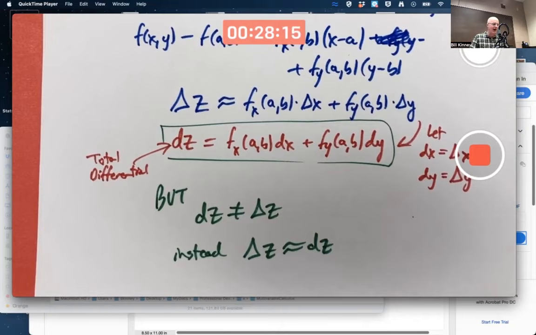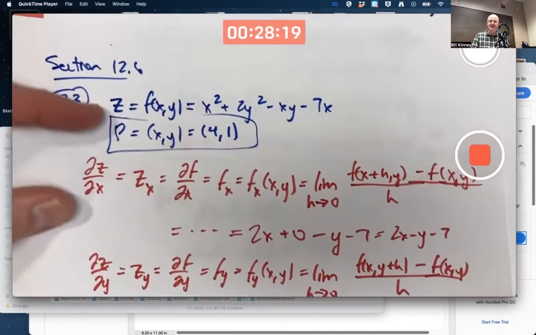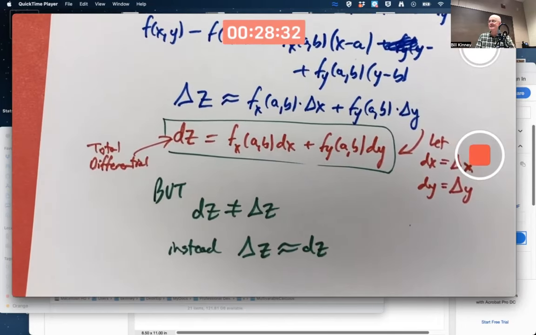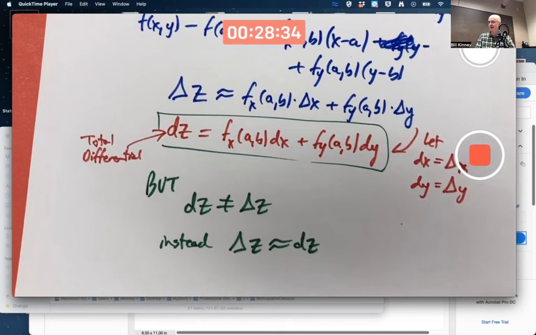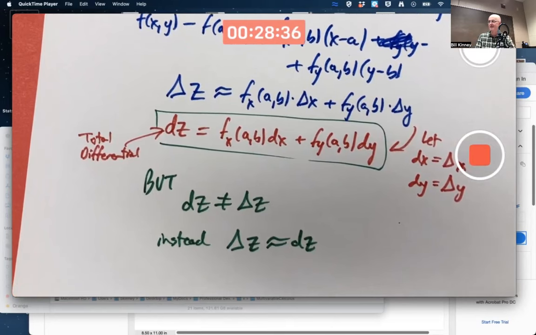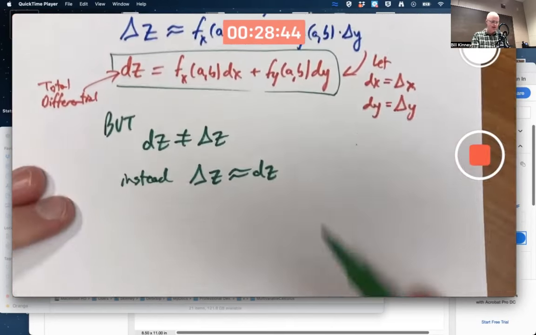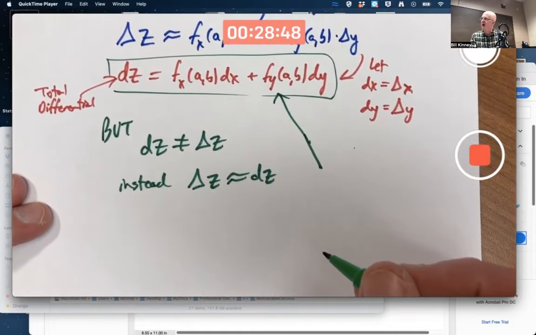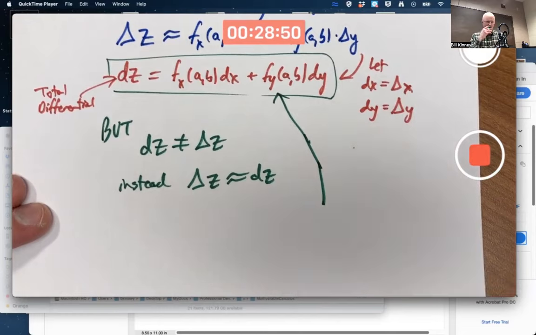But something new now, related to section 12.6, is to relate these things to something called directional derivatives as well as gradient vectors. This expression here could be thought of as a dot product. Why?